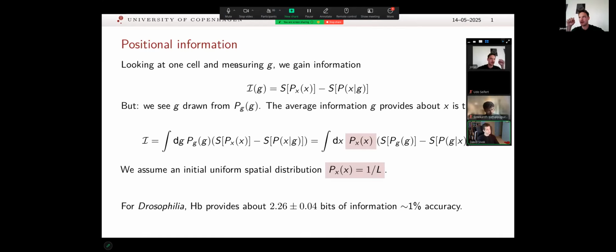So that means that if you have very sharp local gradients, you would be able to very quickly deduce where you are in the system, even if you have the non-invertibility. So at some point, this non-invertibility becomes less important with respect to the local gradients being extremely high.